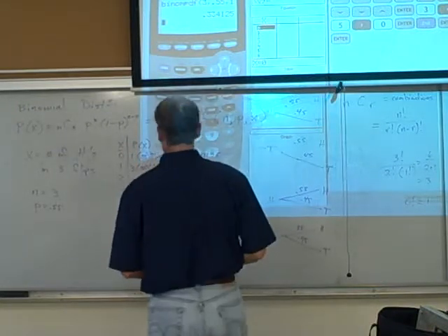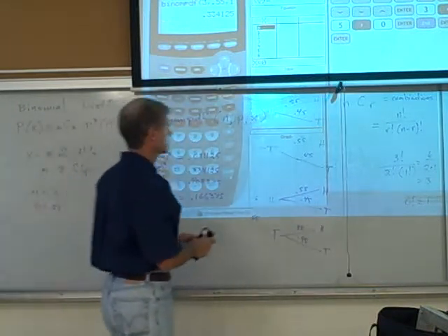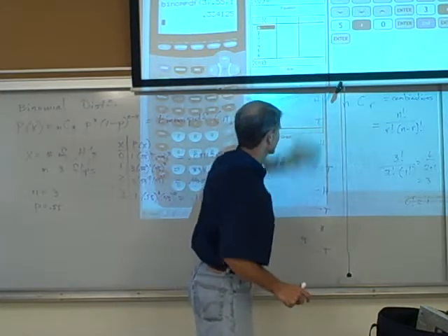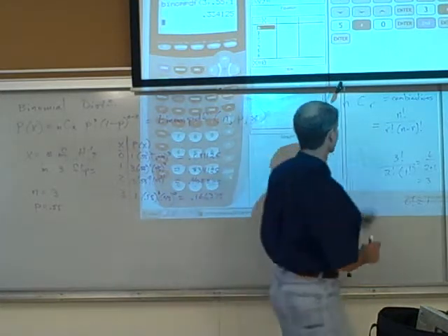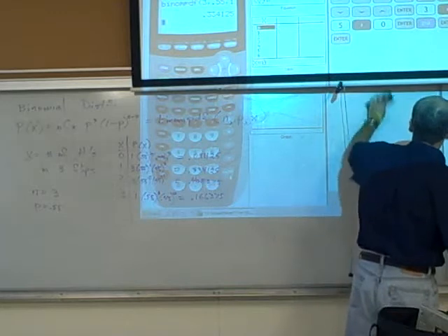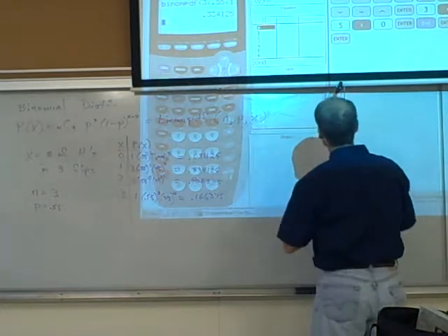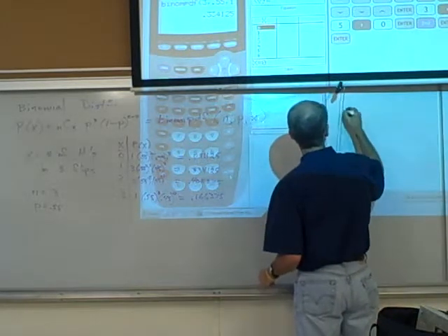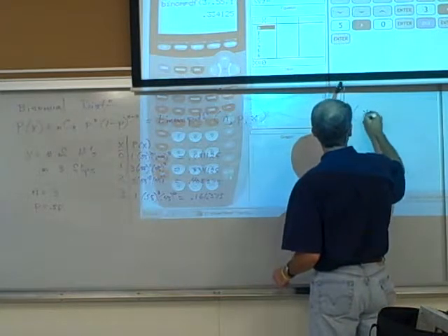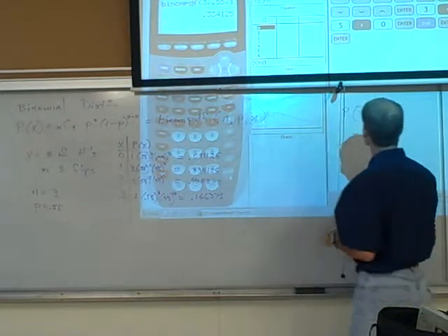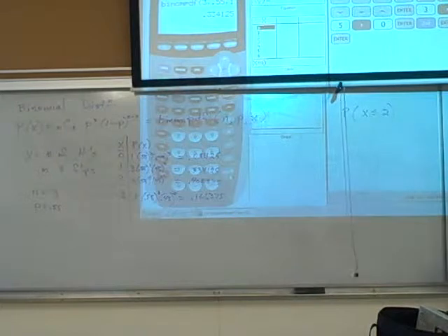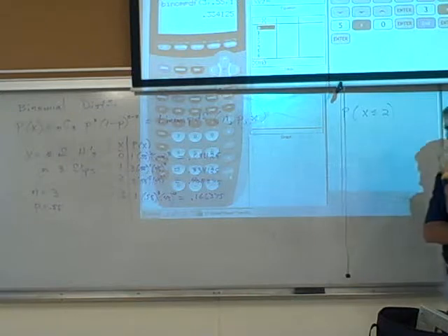Now, let's complicate things for you a little bit. That's always my favorite thing to do. What's the probability that I flip this coin 3 times and I get less than or equal to 2 heads? Less than or equal to 2 heads. What is that saying?